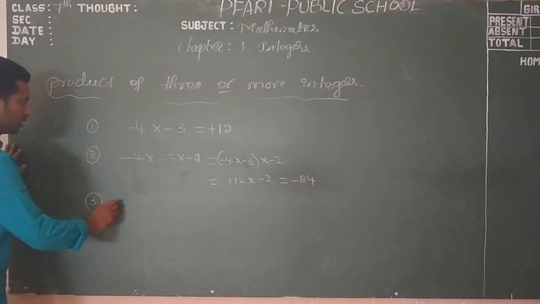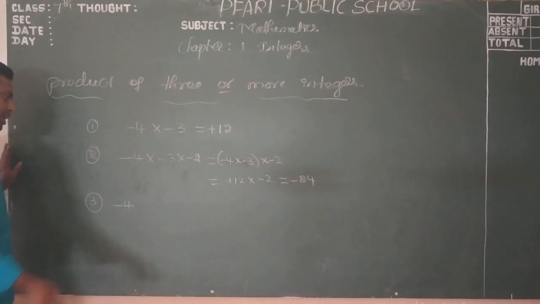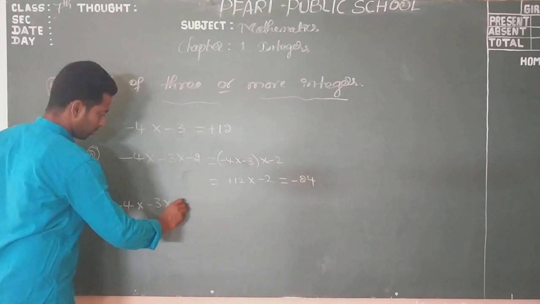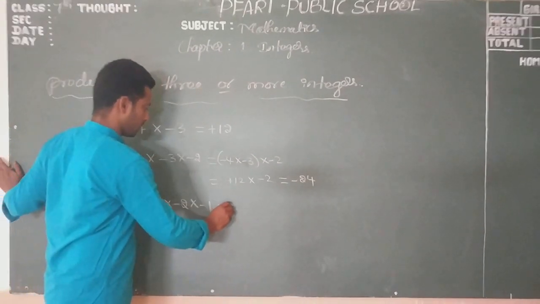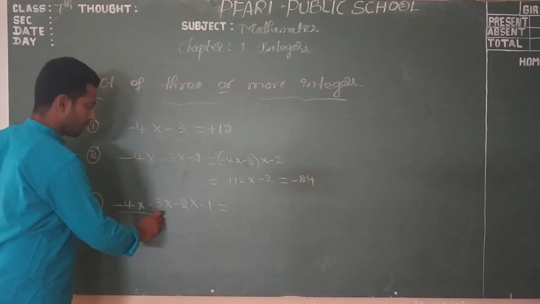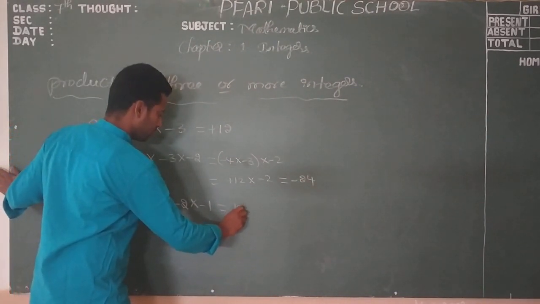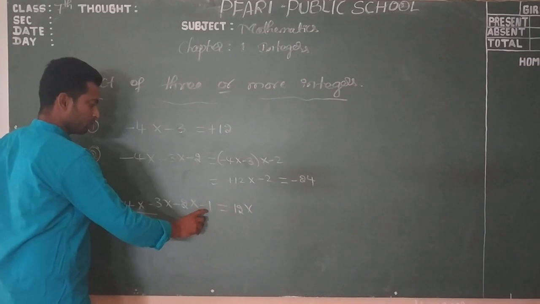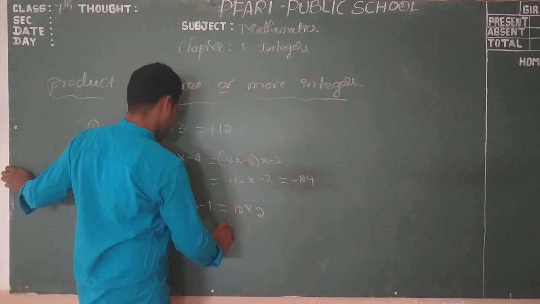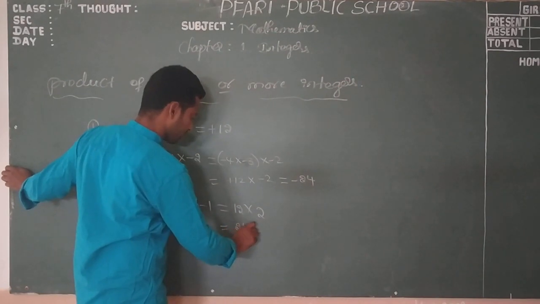And for the third one, I am going to take another integer: minus 4 into minus 3 into minus 2 into minus 1. Minus 4 into minus 3 is 12, and minus 2 into minus 1 is 2. 12 times 2 is 24.